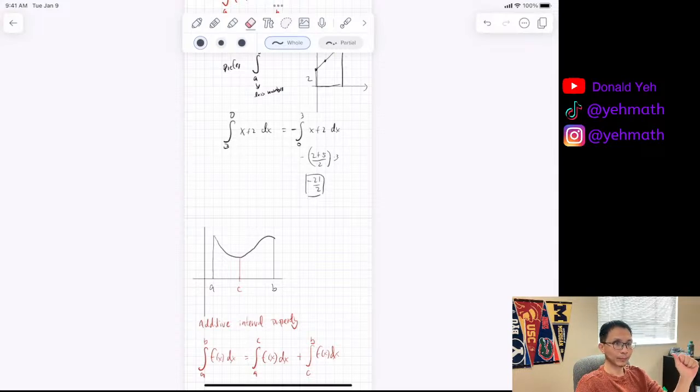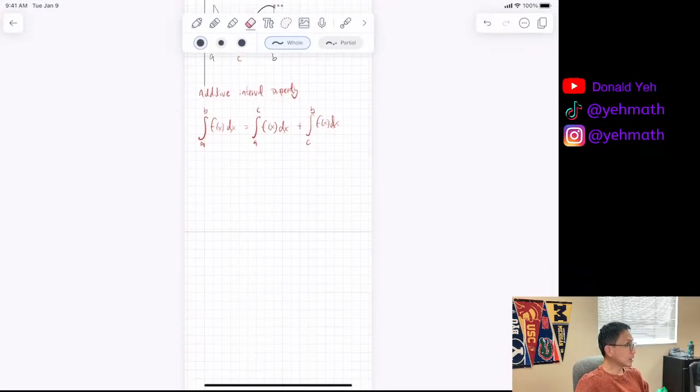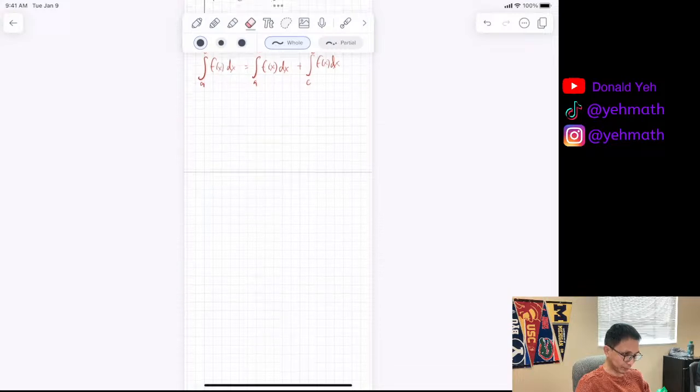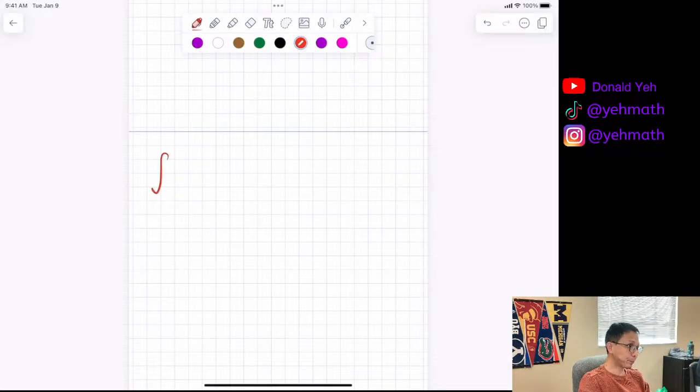Okay, by understanding this, I'm going to give you a question. I'm going to start with a harder question, so let's see if you can get it right. I have the integral from 13 to -2 of f of x dx equal to a number.